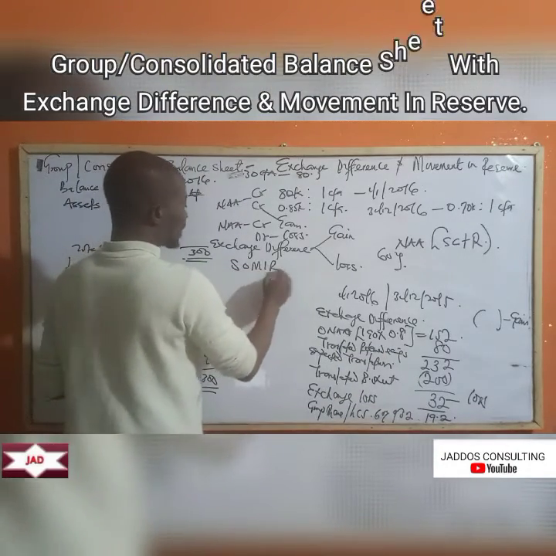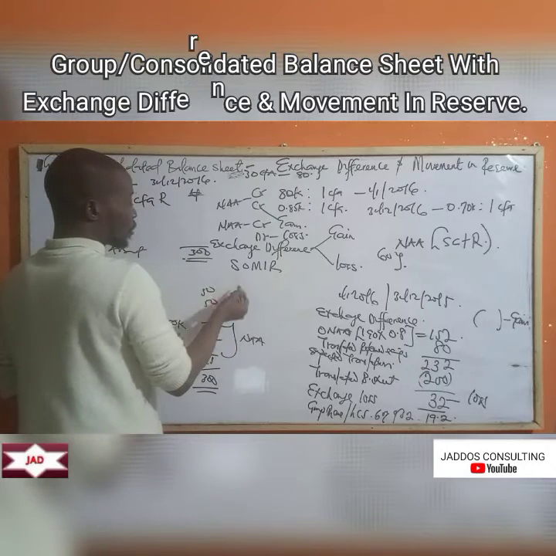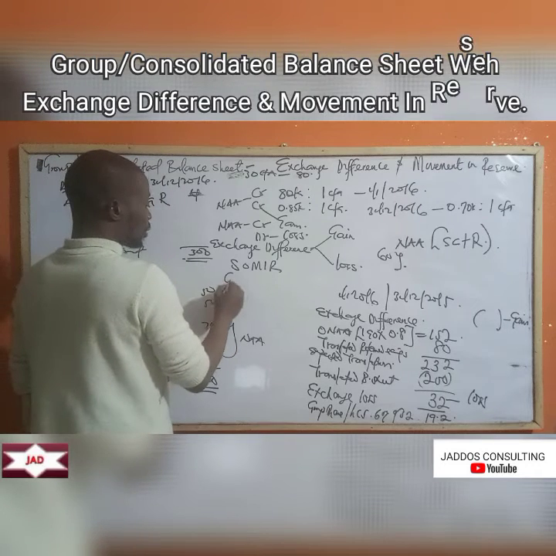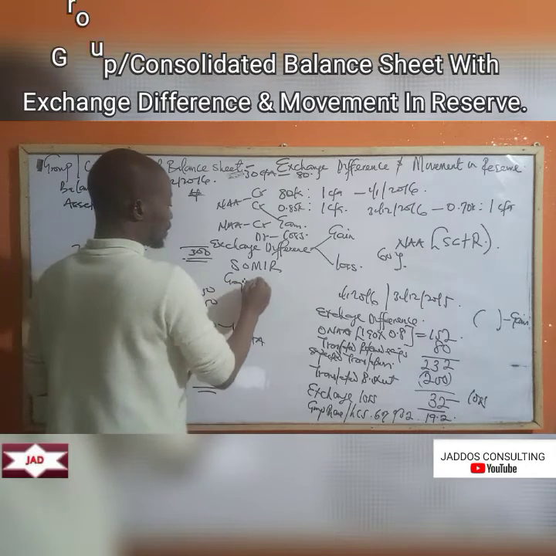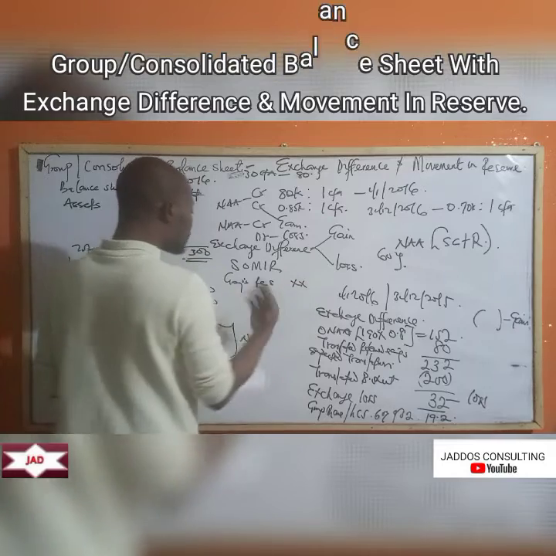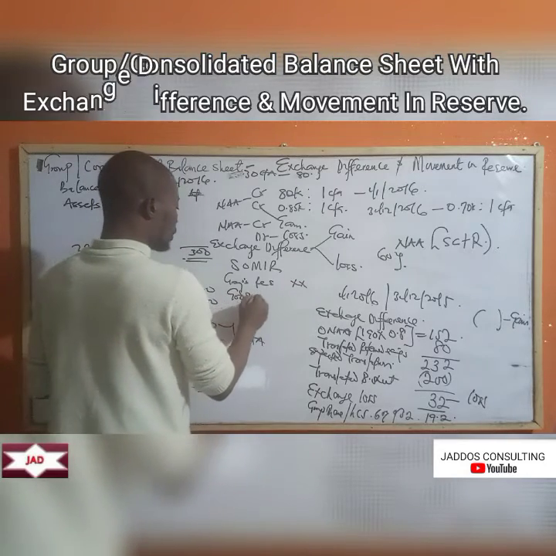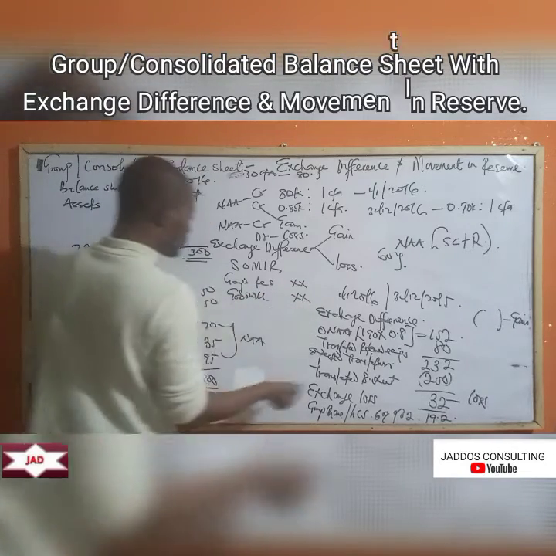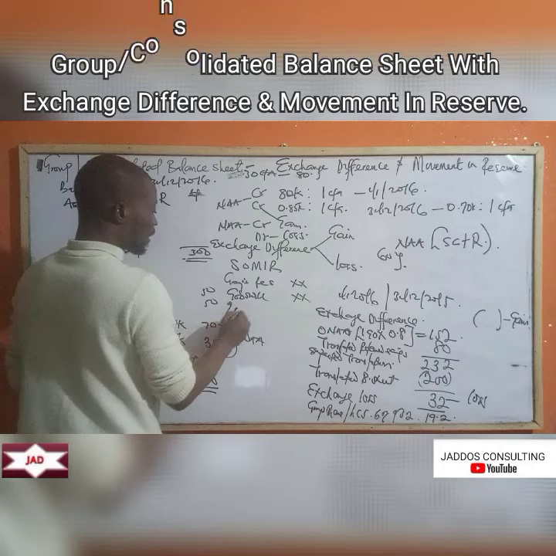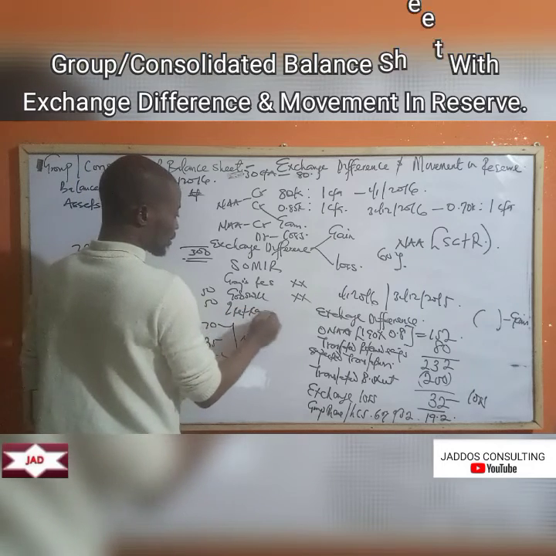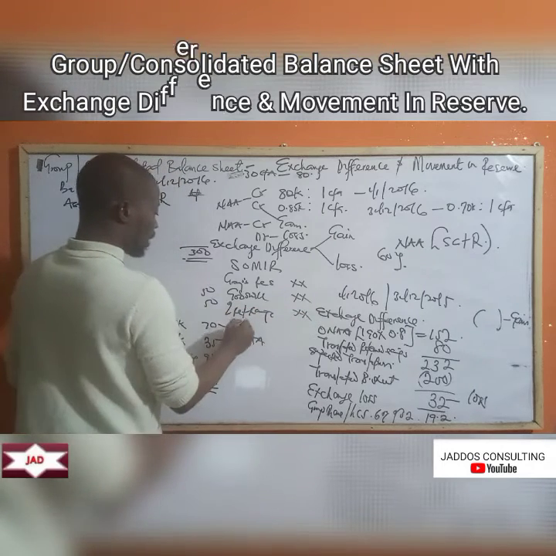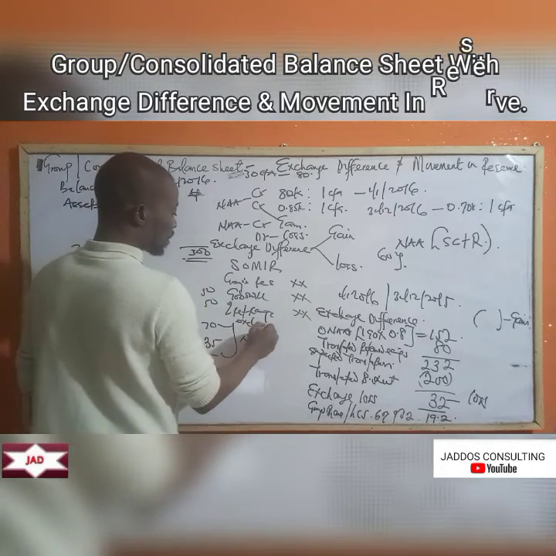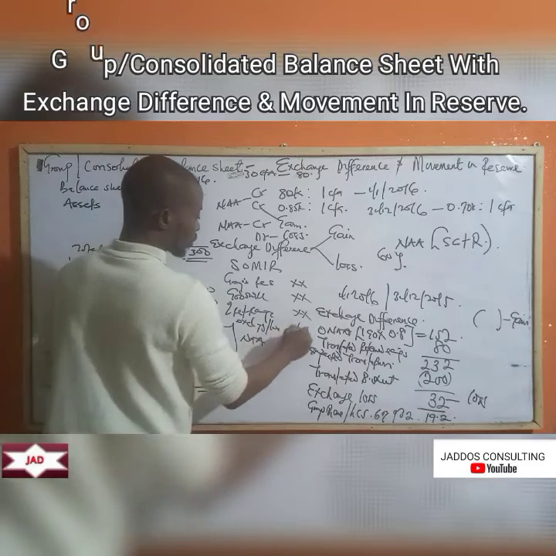So we can say a statement of movement in reserve is simply a function of the group's reserve, the goodwill on consolidation, percentage retained earnings, exchange gain or loss.